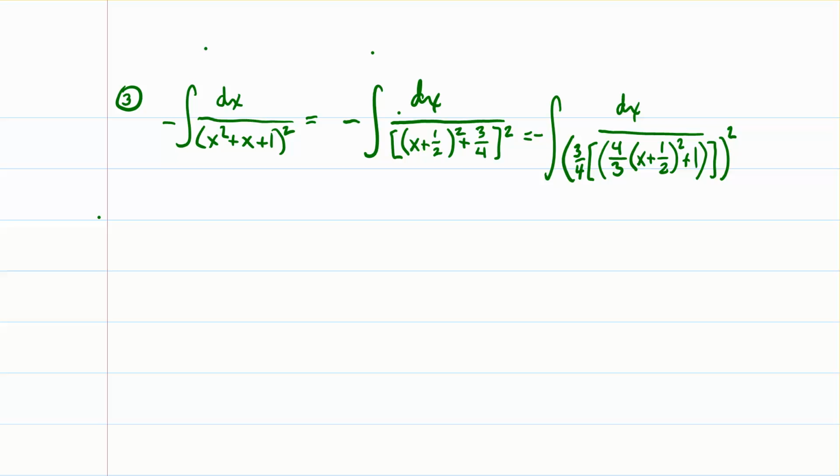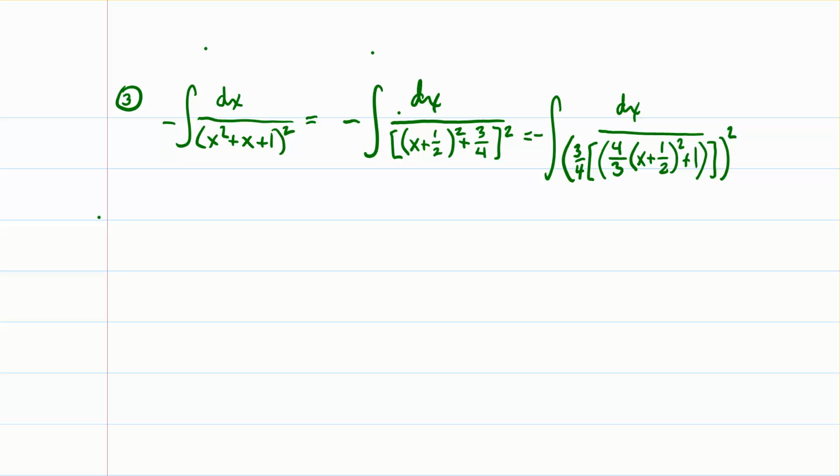That's our outermost parentheses. Then inside that we are multiplying everything in the square brackets by 3/4. So we need the 4/3 in front of the (x plus 1/2) quantity squared so that when we multiply by 3/4 we're going to get 1 there. Then we're going to distribute the 3/4 to the 1 as well.